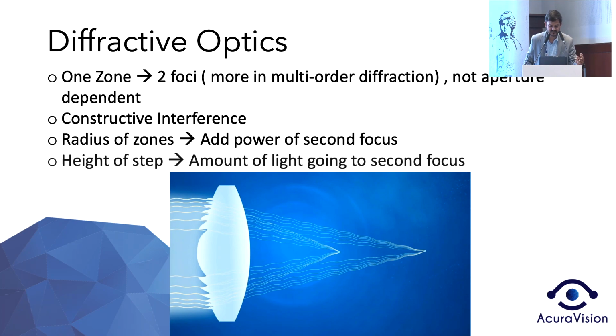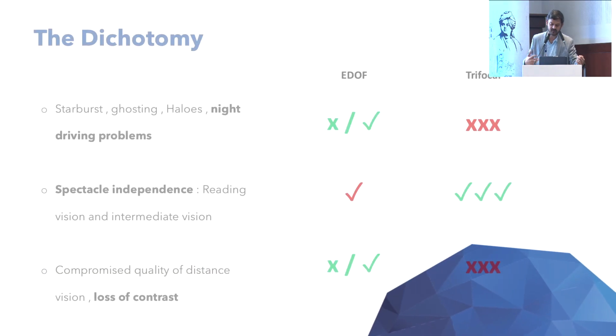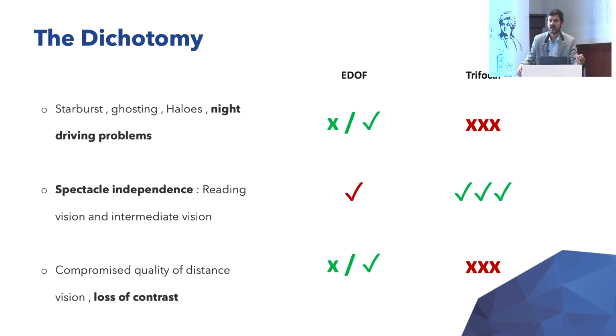There needs to be constructive interference of light, for which the radius of zones is tightly controlled by a formula. And the height of each step determines the amount of light going to each focus. This divides our practice into a dichotomy, where on the one hand we have refractive or spherical aberration based lenses, and on the other hand we have the trifocals, which are diffractive lenses.